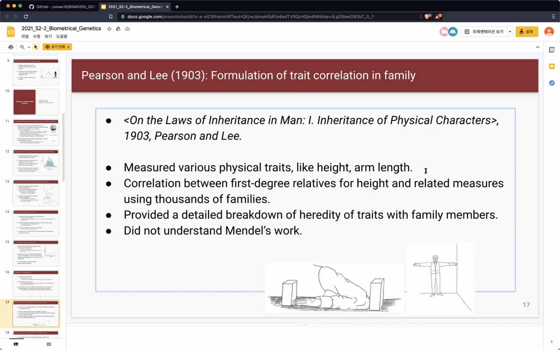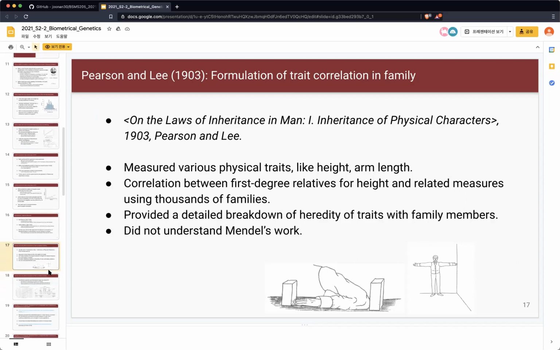Okay, so back to Pearson and Lee. This is the diagram of what Pearson and Lee did at the time. He developed the experimental measurement, and he measured the arm length and also the arm width at many different physical places, right?